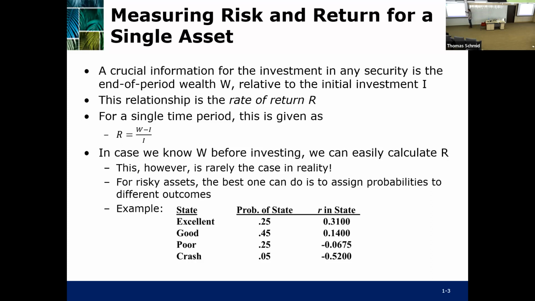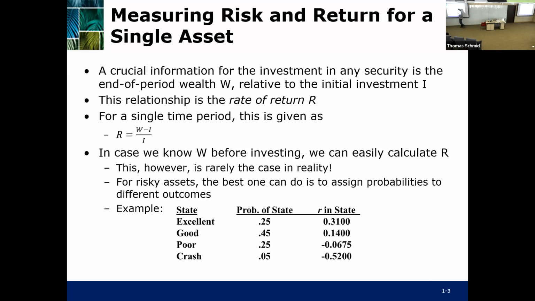Formally, we have an initial investment that we call I. We invest I for one period, so it's a simple one period game. After the one period we have W, the end of period wealth.